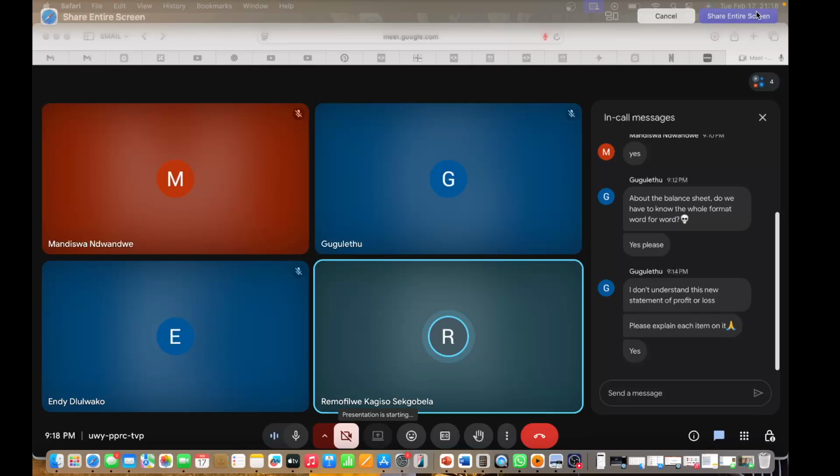All right, guys? So once we've done our operating profit, we then have income and expenses from subsidiary. A subsidiary, guys, is a business that is controlled by another business. For example, WhatsApp, Instagram, and Facebook are owned by Meta.